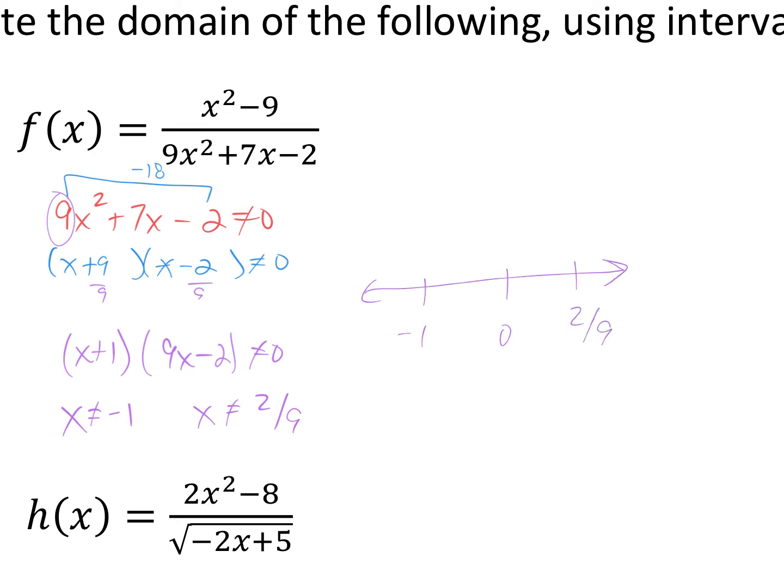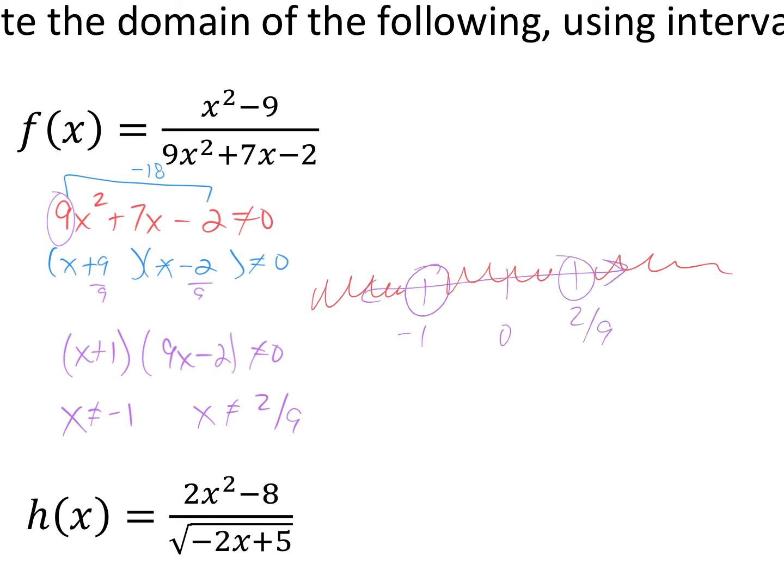So if I was going to graph this, what kind of circle would I have at -1 and positive 2/9? Open, because it does not include. So what you're telling yourself is you can use everything over here, everything in here, and everything over here. The only things you can't use are -1 and positive 2/9.